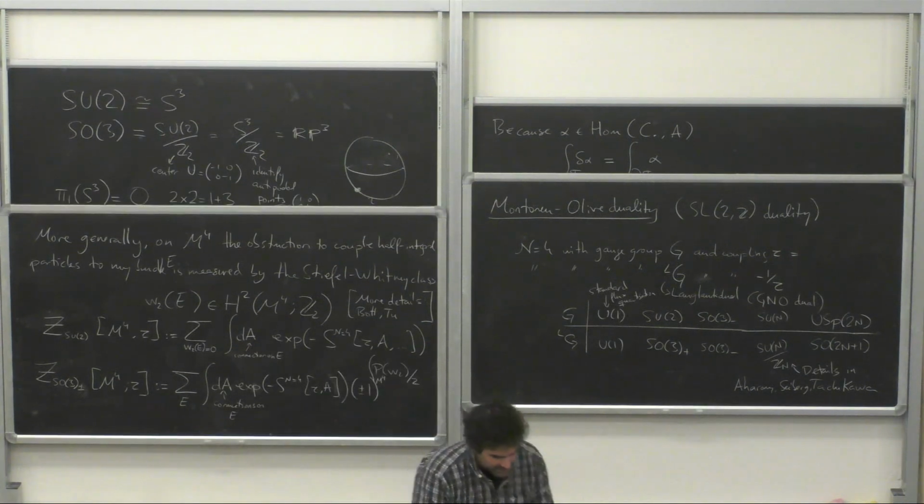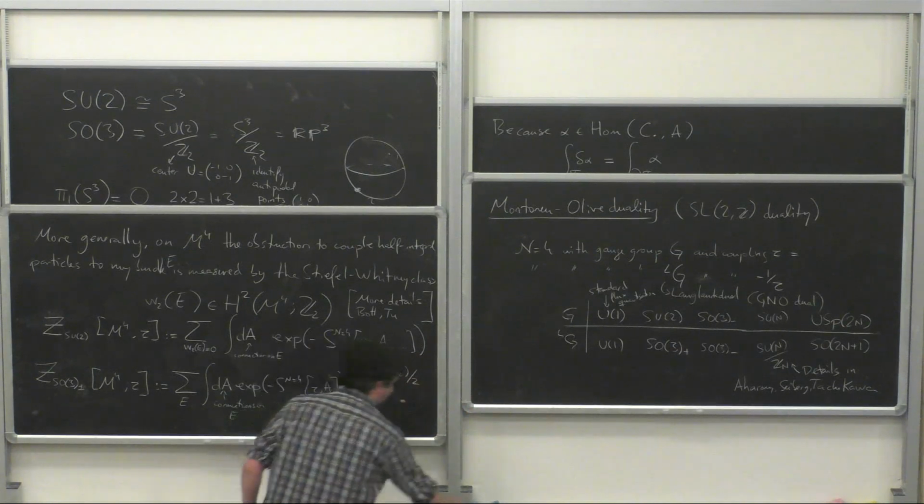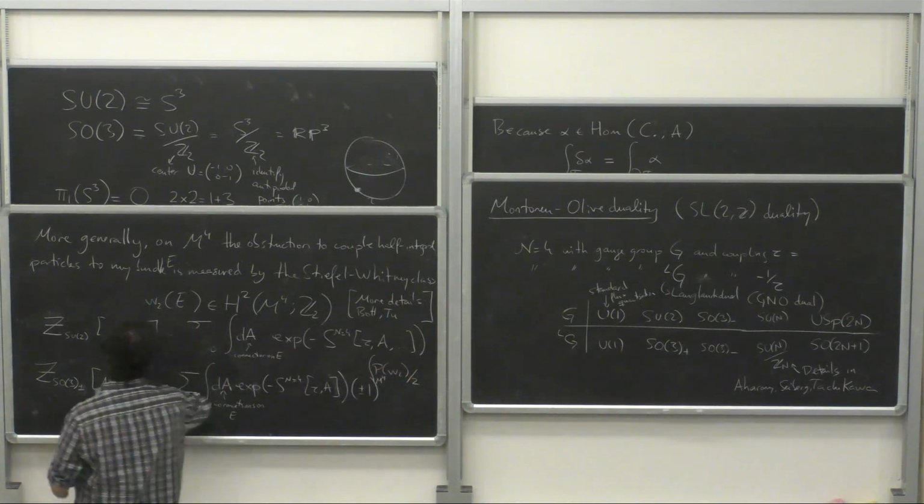Okay, so maybe given the time, I'm just going to tell you a little bit about the evidence for this, and then next time I will discuss the symmetries, the discrete symmetries.